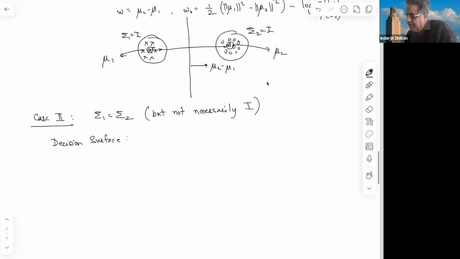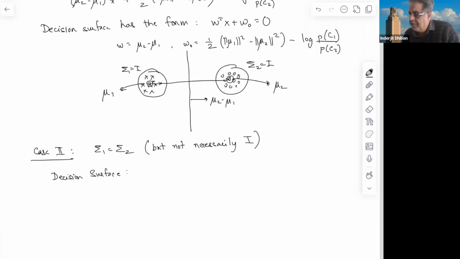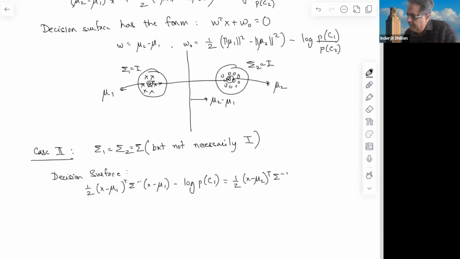Okay, so the decision surface is the following: 1/2 (x minus mu1) transpose sigma inverse (x minus mu1) minus log of PC1 is equal to 1/2 (x minus mu2) transpose sigma inverse (x minus mu2) minus log of PC2. Let me just call it sigma, since they're equal.